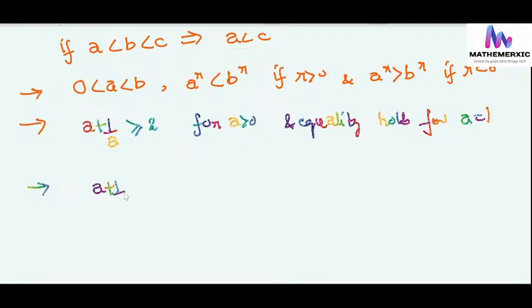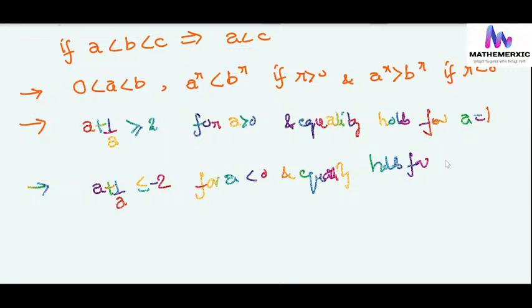A plus 1 by A is less than or equal to minus 2 for A less than 0, and equality holds for A is equal to minus 1. Okay, no problem, no issues.